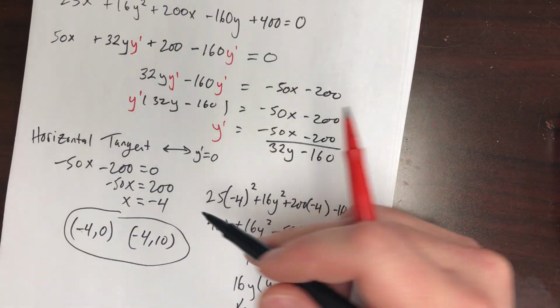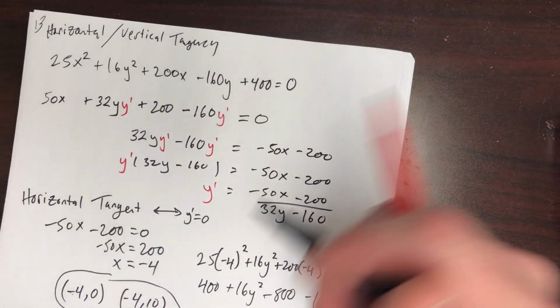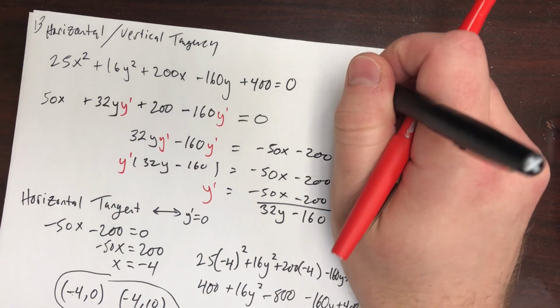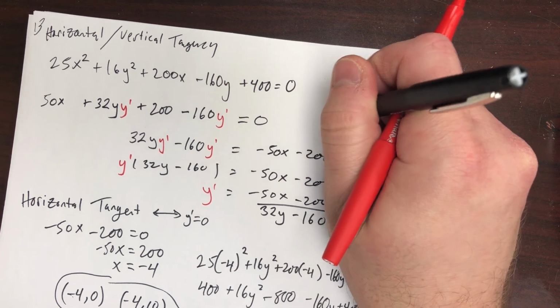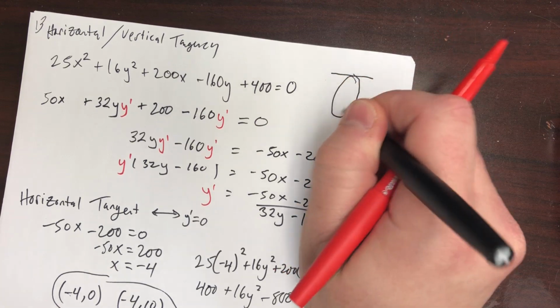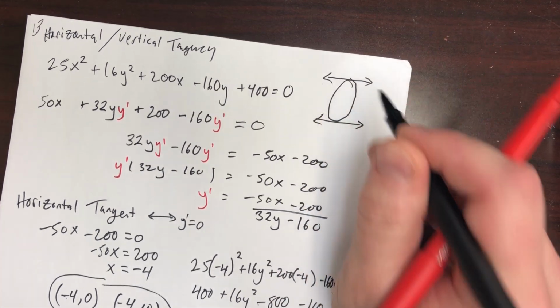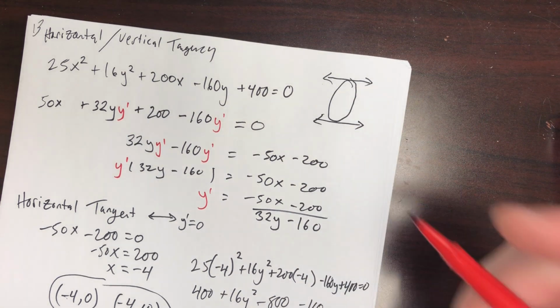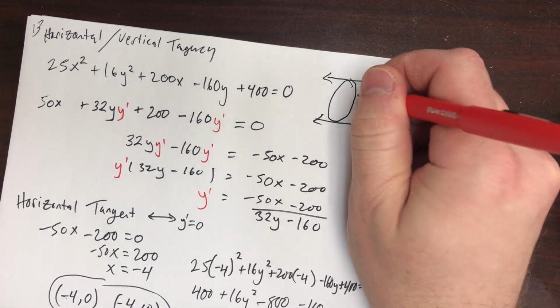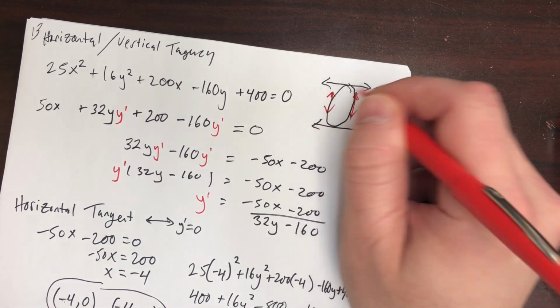And if you go back and think about that ellipse, you know, an ellipse is an oval, right? An ellipse is going to have two places where the tangent line is horizontal. And, not to give too much away, it's going to have two places where the tangent line is vertical as well.